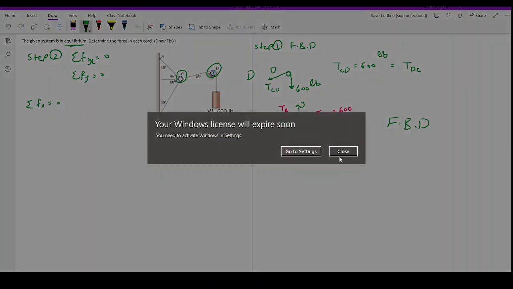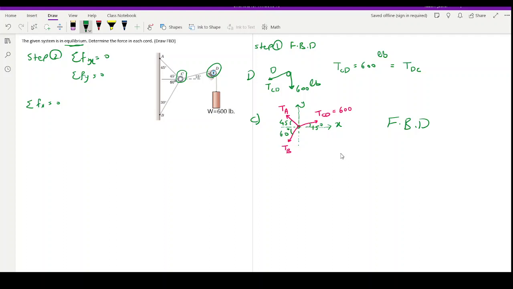You have to write them one by one in here, relying on this FBD drawing. In the x direction, it's going to be 600 cosine 15 minus, because the two forces are acting in the negative direction, minus TA cosine 45 minus TB cosine 60 is 0.